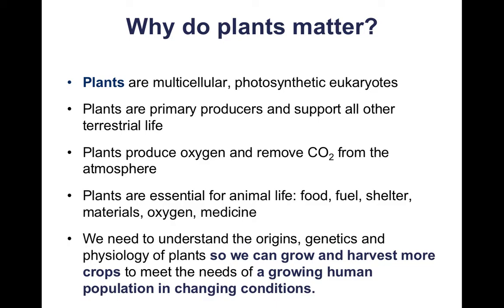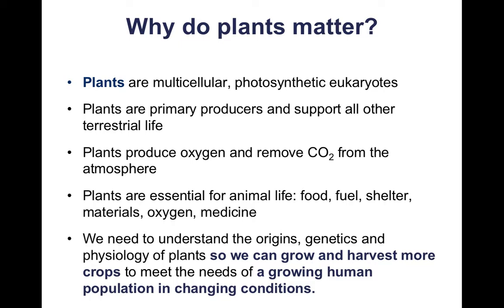So plants are able to convert energy from the sun into chemical energy, which supports their own growth and reproduction and supports all other forms of terrestrial life, be it our animals or other types of life forms like the fungi and decomposers.